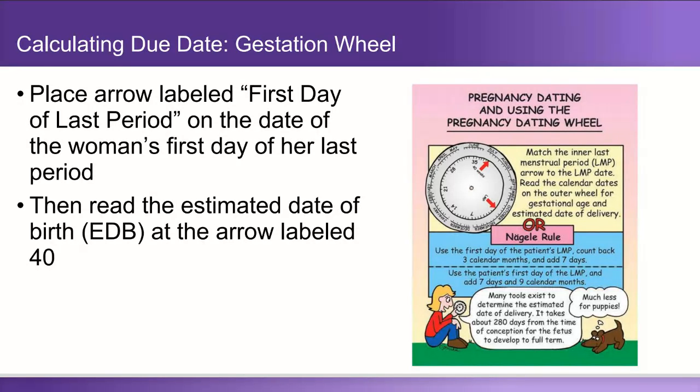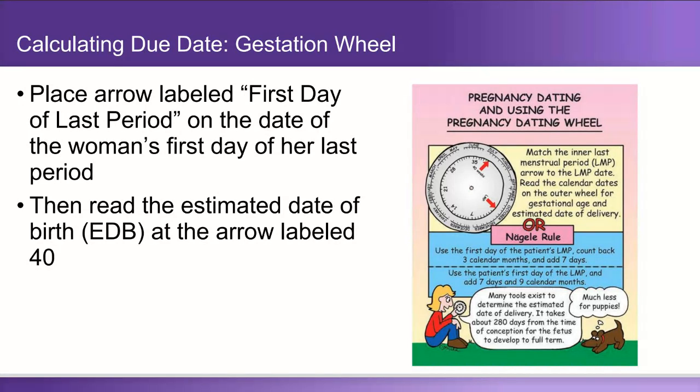Basically, it's a wheel on top of a wheel. They have little arrows, and you point one arrow to the first day of the woman's last period, and then you find another arrow at the site of the due date. So it's pretty easy. You just twist it. The other good thing about this is, let's say we have a woman whose last menstrual period was November, and she comes in and sees us in October.